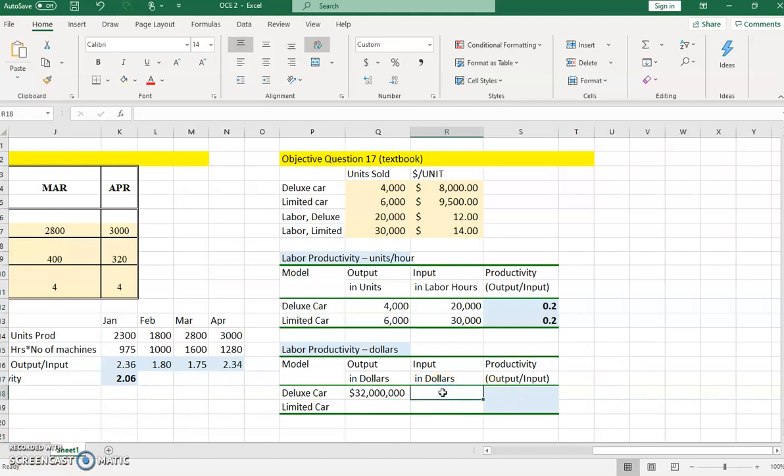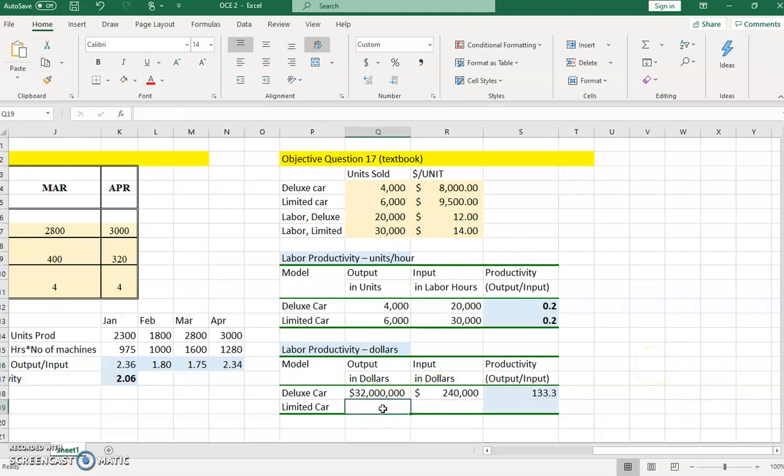So the input in dollars is going to be equal to $12 per labor times 20,000 laborers for the deluxe car, and that comes to 240,000. The productivity is going to be output over input, and that comes to 133.3.